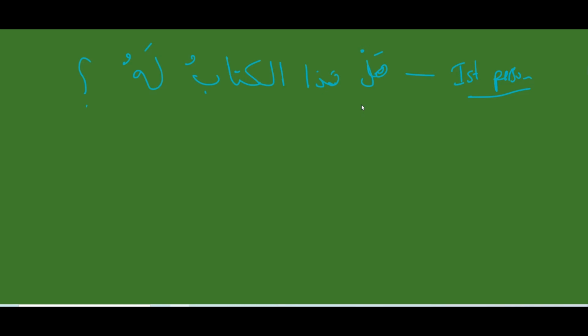If I'm again the one who asked this question, but this time the preposition lahu, alongside the dhamir, is not referring to me anymore. It's referring to a third person. That means there's a third person. It can be a person that we know. That's why we say hal hadzal kitab lahu? Is this book for him?